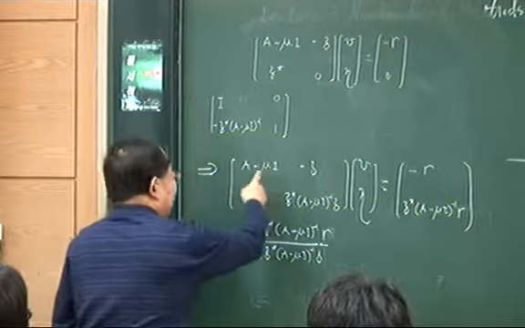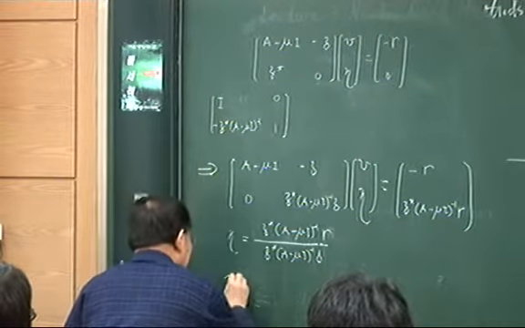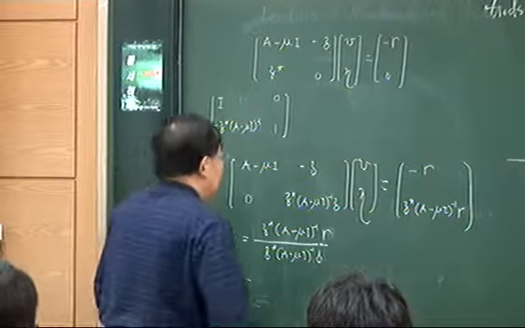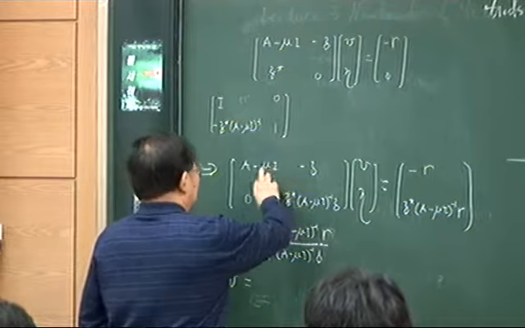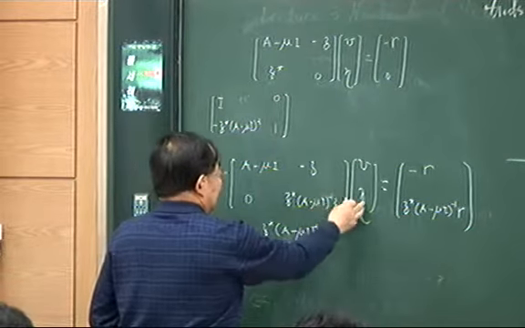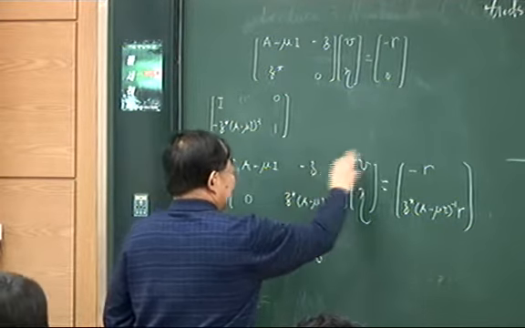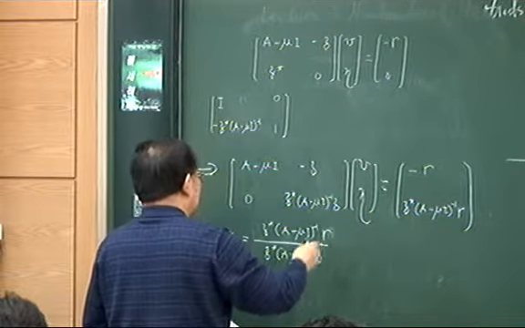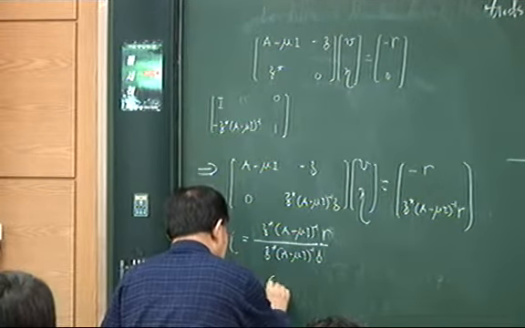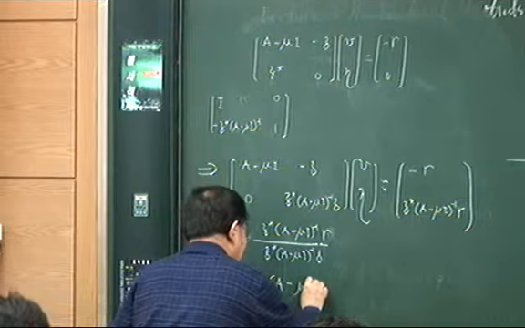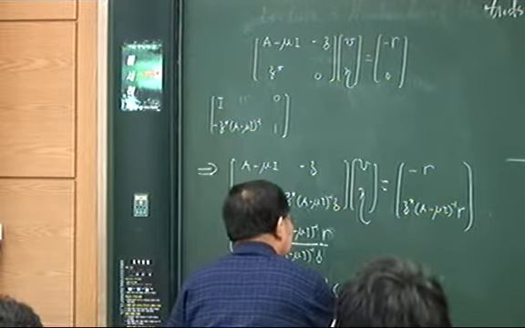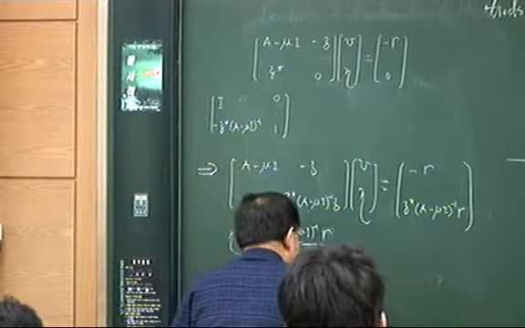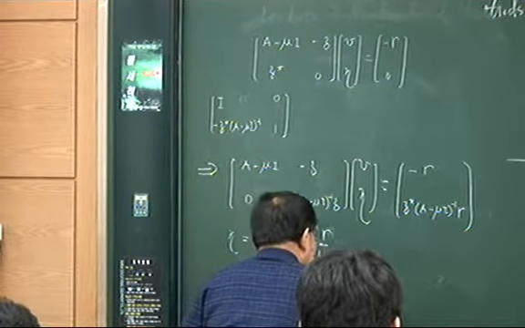Then from this we get v equal to this one: (A − μI) inverse r minus η (A − μI) inverse z.